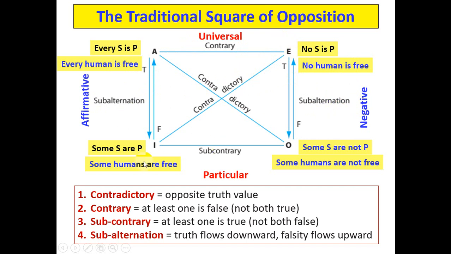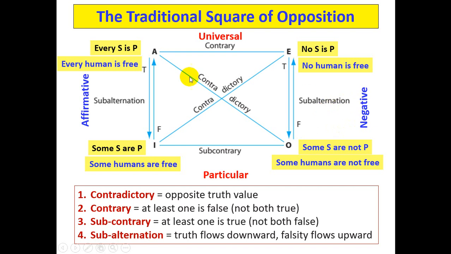Let's move again. Some humans are free. This is particular affirmation. Some humans are not free. And this is particular negation again. Okay, this is very easy.